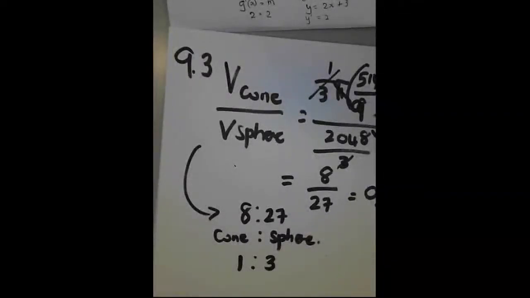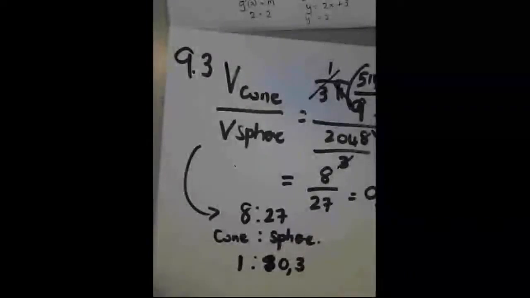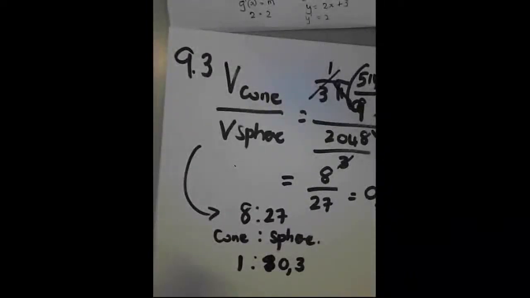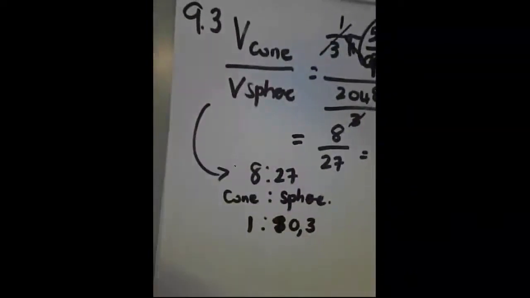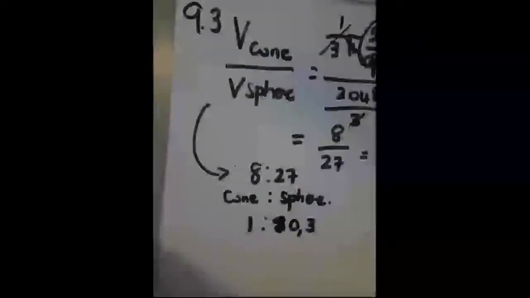I think this is 1:3.3. Okay, that's the relationship between the two. If you want to strictly put it into a ratio, it's 8/27. If I simplify, it's about 1:3. That's my ratio. Are you happy now? Okay?